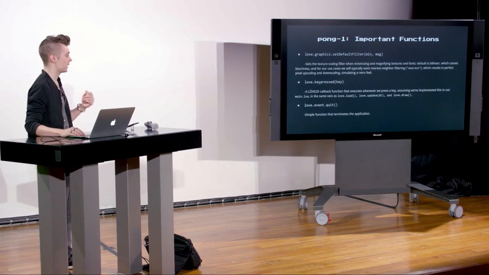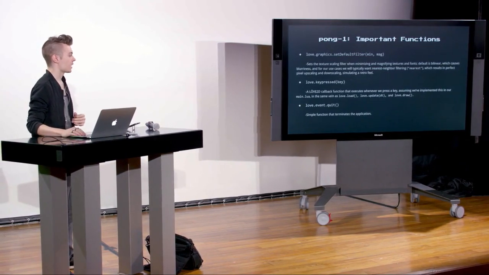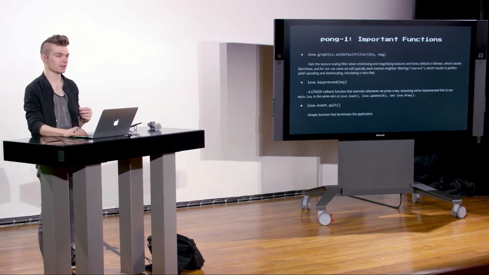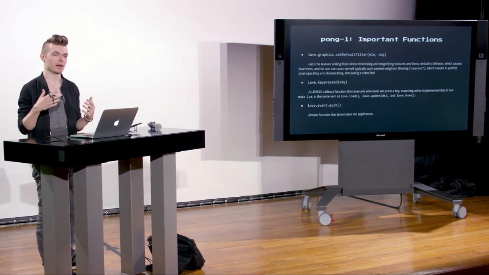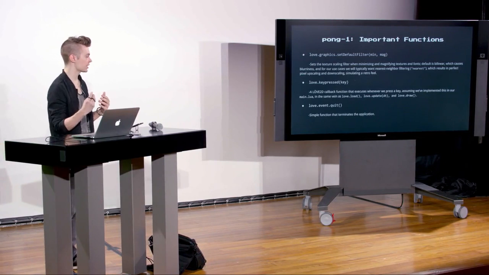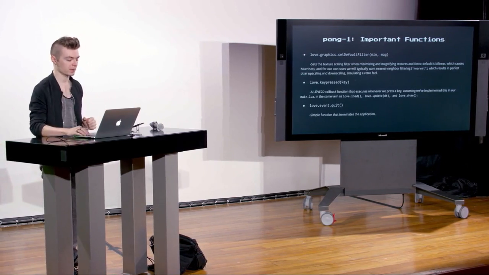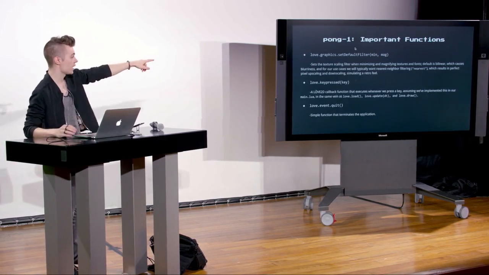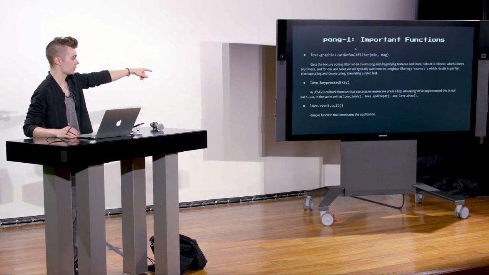For higher res 2D game development, that's good, but as we're going to see, that's not particularly good in the context of retro games. Retro games have a very crisp, pixelated aesthetic, and we want to preserve that. And so this lets us set a default filter. We'll see that in use shortly.